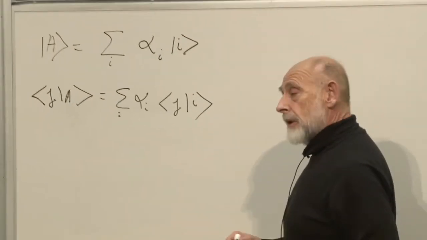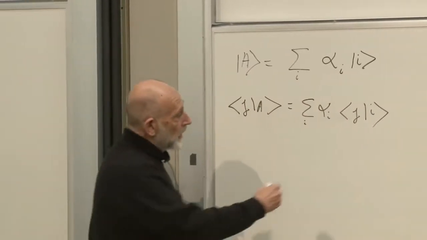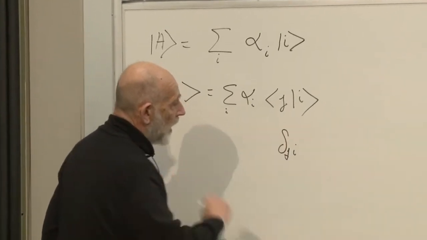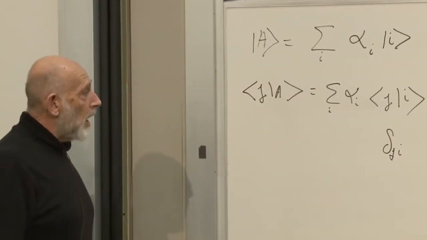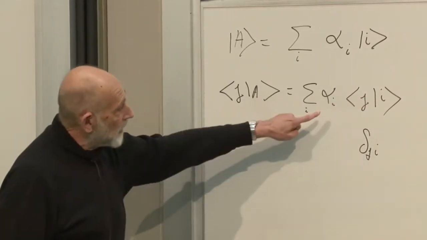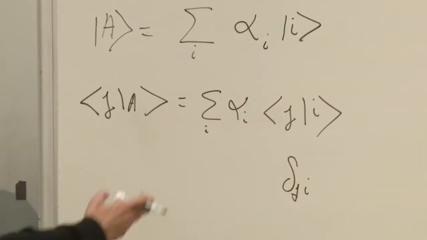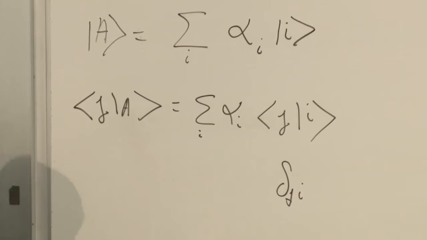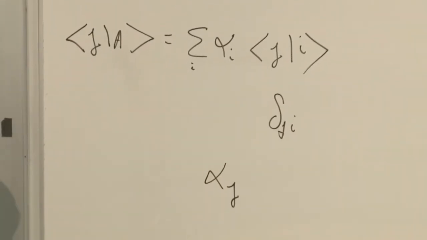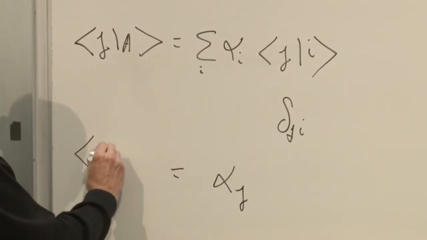So this bracket over here, this product of bras and kets, is just the Kronecker symbol delta ji, 0 or 1. And when you do the sum, it just picks out one and only one contribution, the contribution in which i is equal to j. So on the right-hand side, you just get alpha j. No sum. The sum is collapsed to one term, and that's now equal to the inner product of j with A.